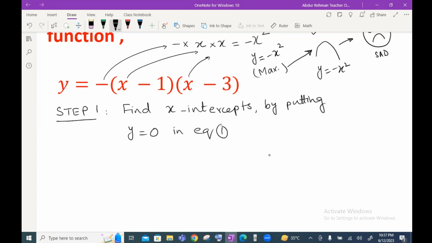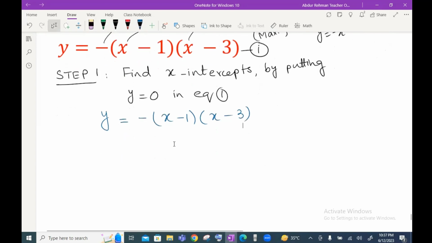So, the original equation, the function, suppose this is our equation number one here. So, copy this function y equals minus (x minus 1) times (x minus 3) and replacing y with 0 here. So 0 equals minus (x minus 1) times (x minus 3).